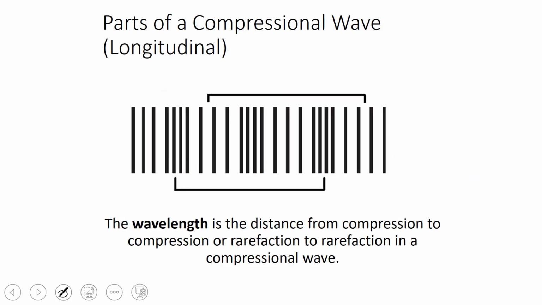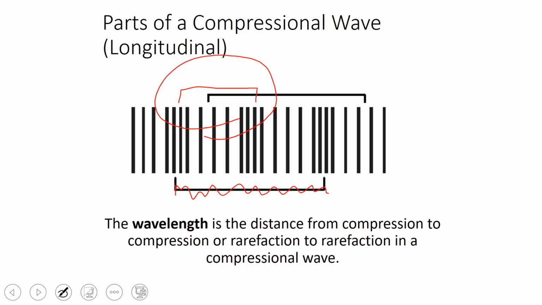And then wavelength, you still have that term. Wavelength is the distance from one compression to another compression, or from one rarefaction to another rarefaction. This diagram actually has it illustrated improperly. That is two wavelengths. One compression to another compression would be here. This is the wavelength.